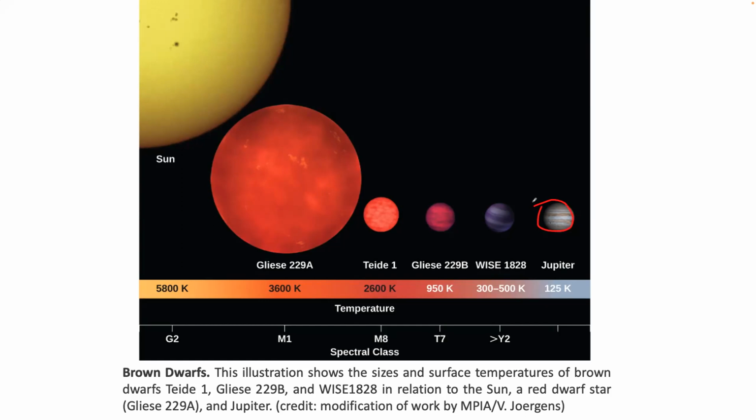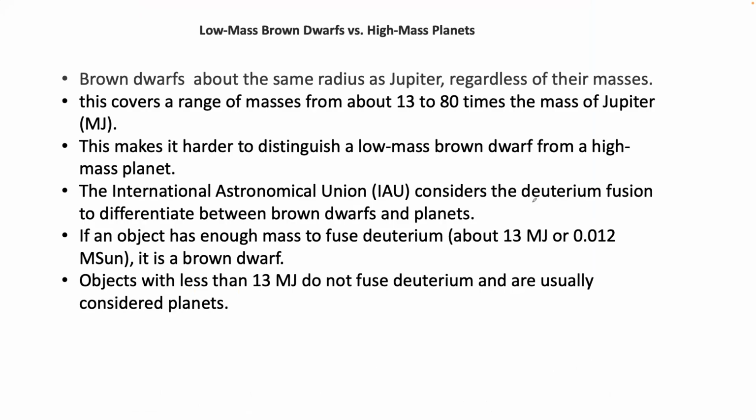The sun is okay, but some of these brown dwarfs, like Gliese 229b, are pretty much similar to these planets, right? So because of that, you have to think about differentiating brown dwarfs from planets as well. That's why you have to consider specifically the low mass brown dwarfs and high mass planets.